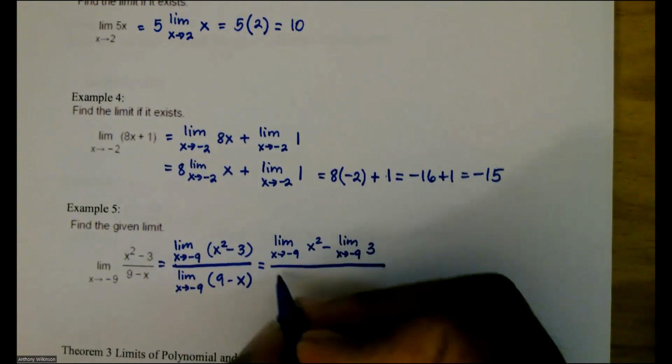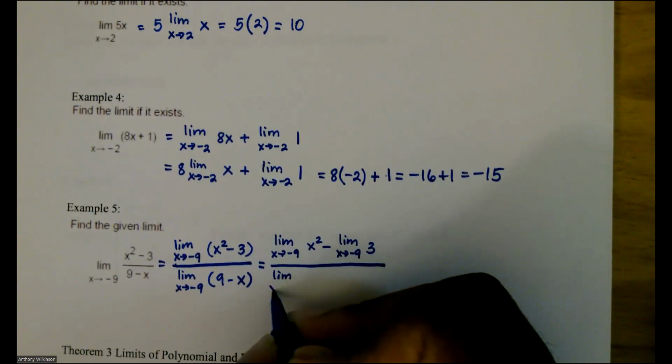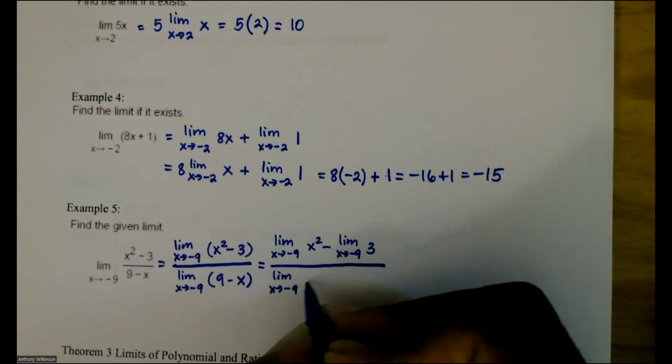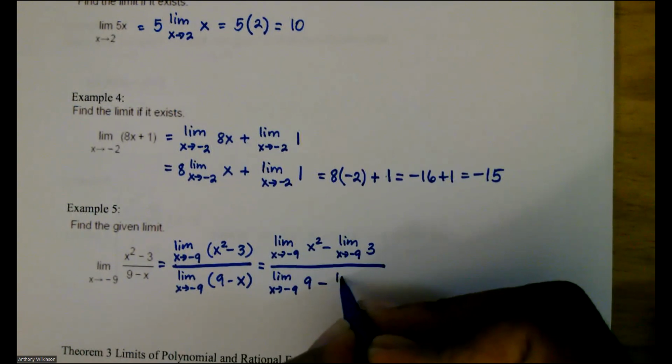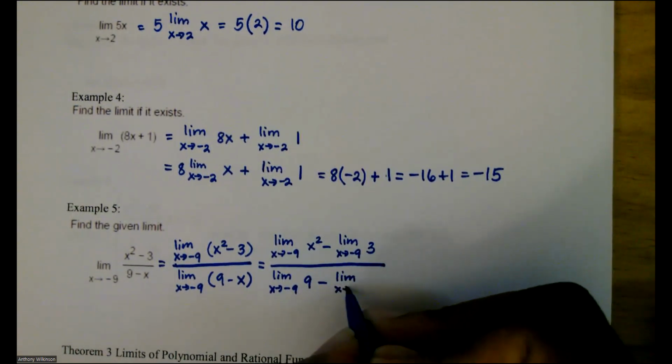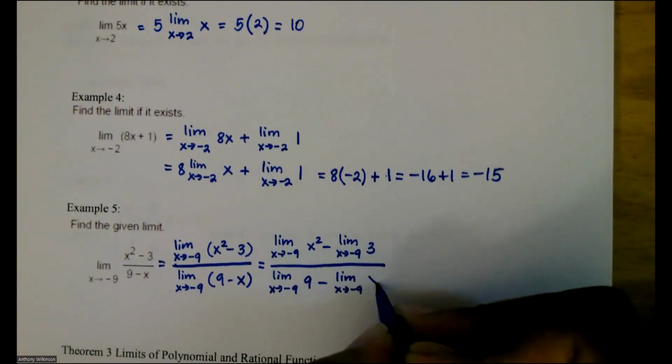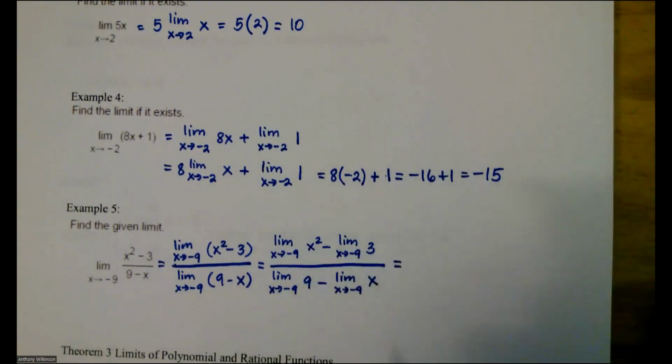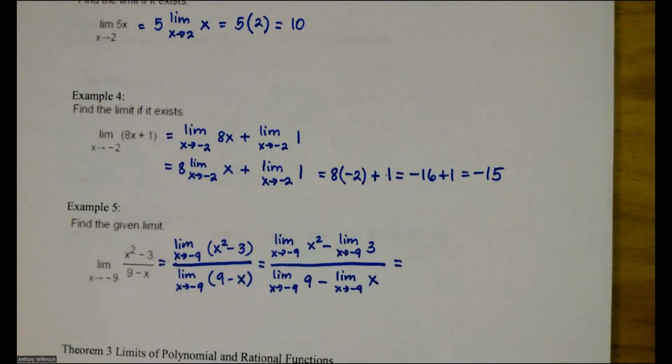I'll do the same thing in the denominator, the limit as x approaches -9 of 9 minus the limit as x approaches -9 of x. Okay. Now I can take the individual limits here.